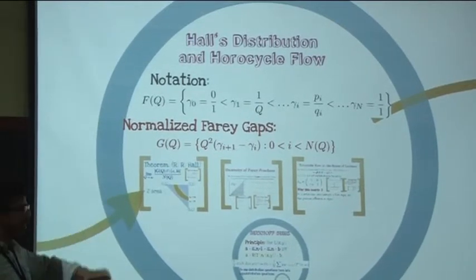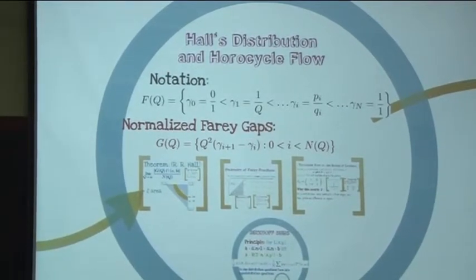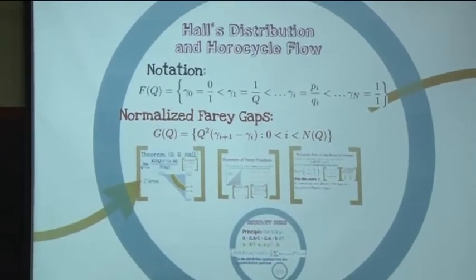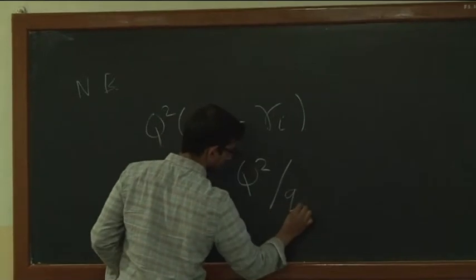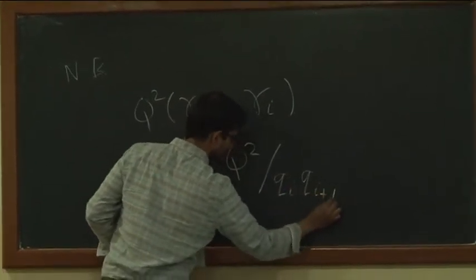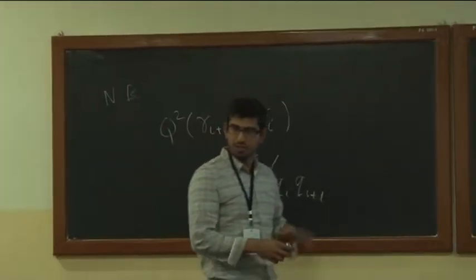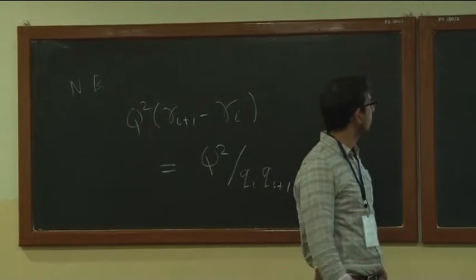So by the way, that difference is just q squared over q_i because the consecutive guys have the difference 1 over q_i.